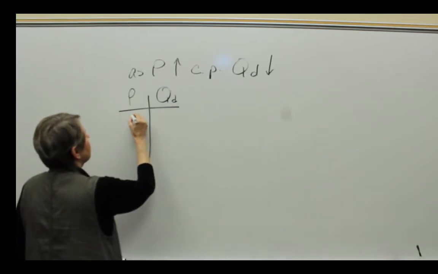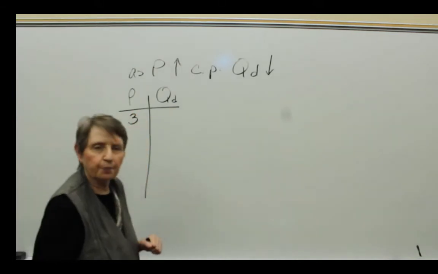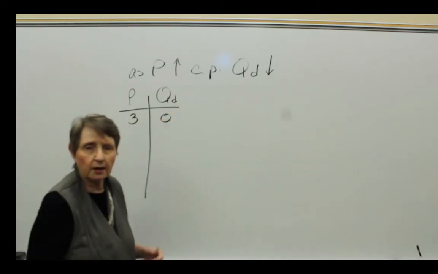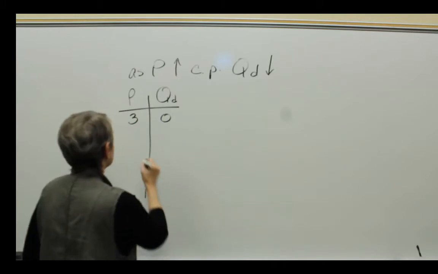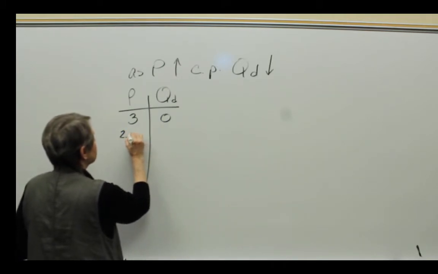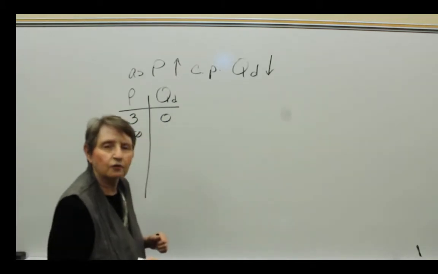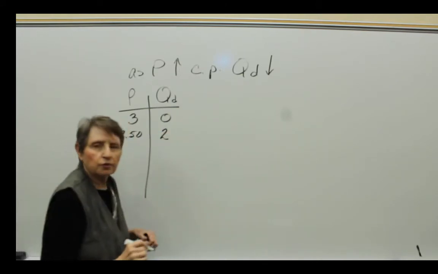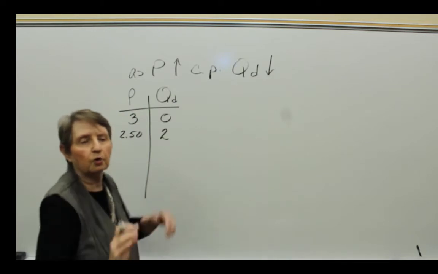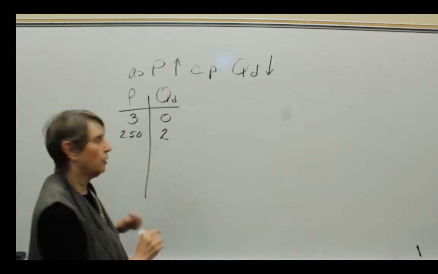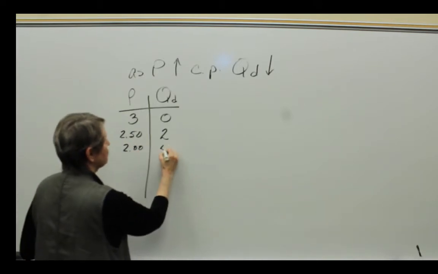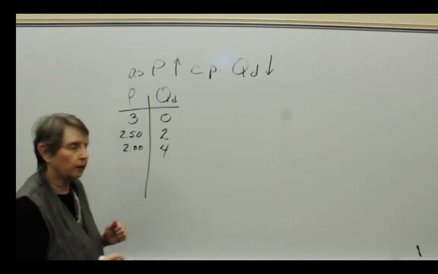So if the price is $3 per cone, let's just say I'm not buying any, that's too much. If the price is $2.50 per cone, let's just say that we would buy 2 cones per week. If it's $2 a cone, let's just say we buy 4 a week.